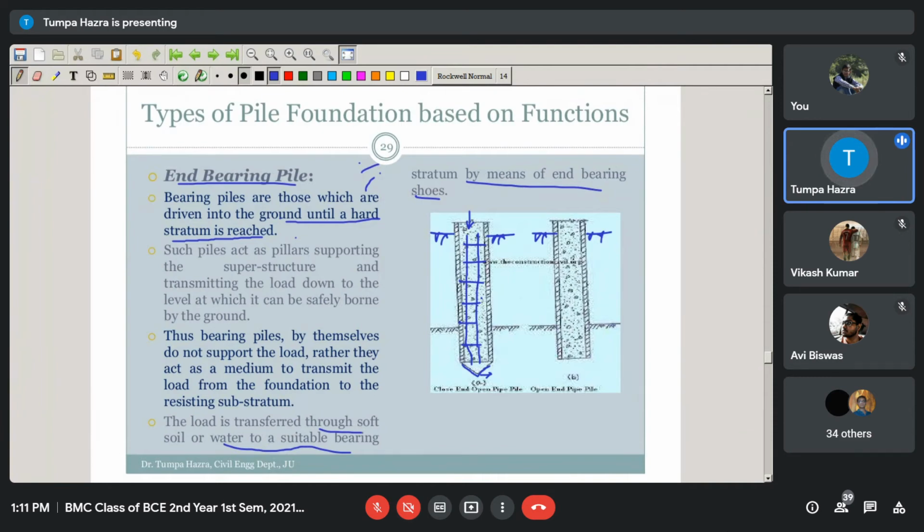Now the casing itself will act as the mold of the concrete. Concrete is a semi-solid material. So if this casing is used as the mold to hold the concrete, then it is known as with casing.